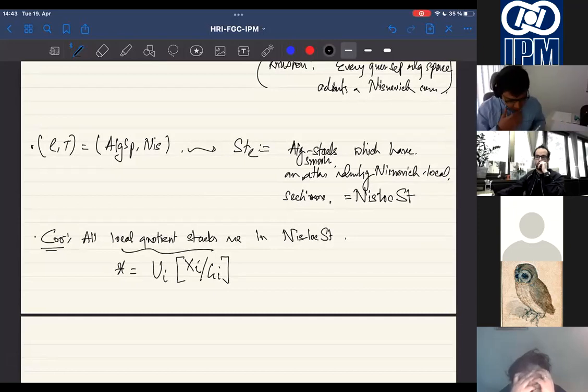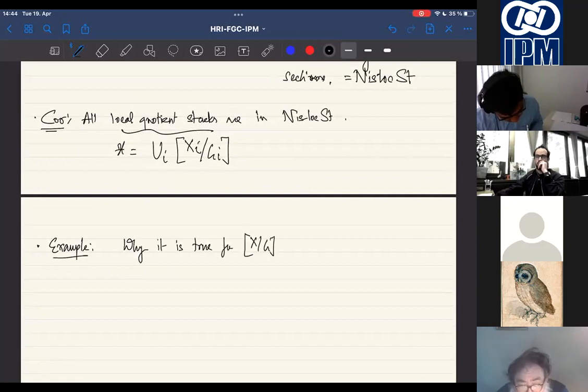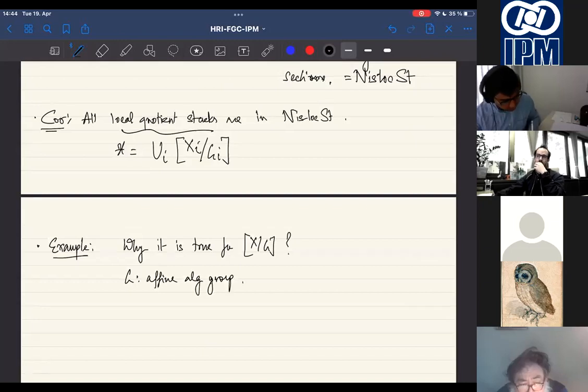And why are these things true? Let me explain why it is true for X mod G, where G is an affine algebraic group. As an affine algebraic group, it admits an embedding into GL_N.